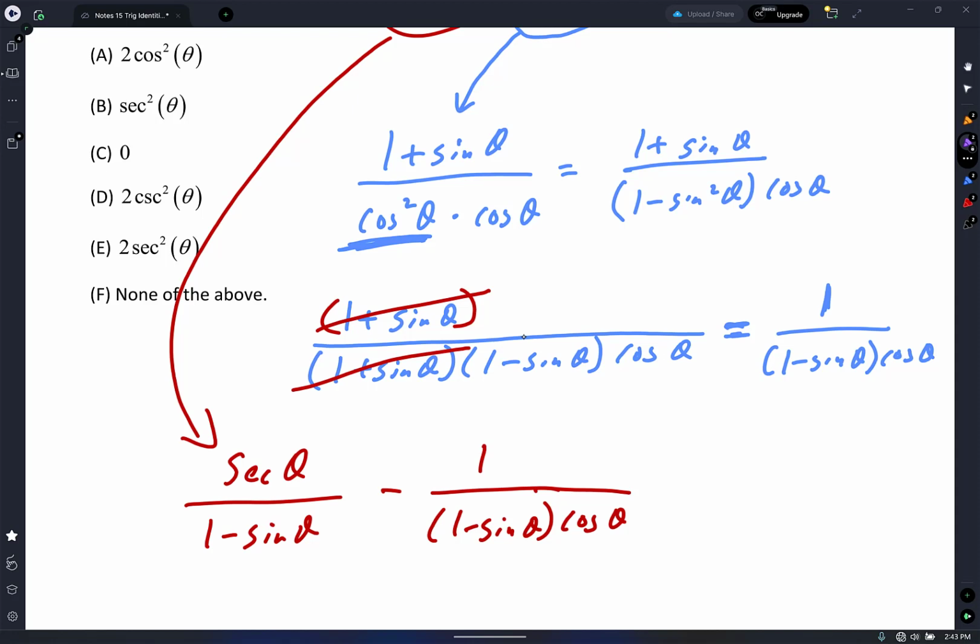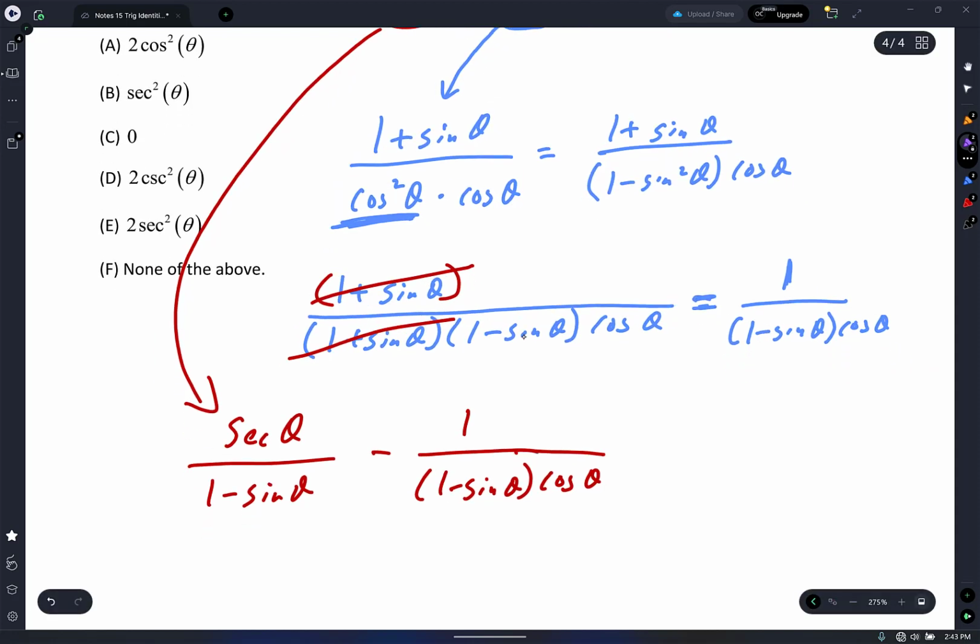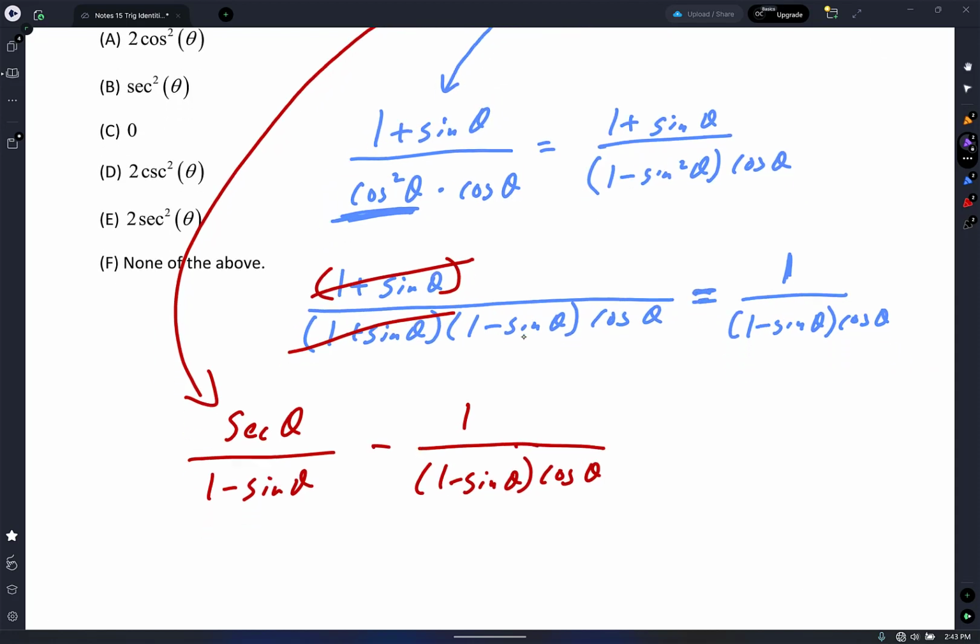Okay, here's what you ask yourself. Once you get to here, you say, okay, I'm going to subtract these. I already noticed that I have a 1 minus sine theta here, and this one has a 1 minus sine theta. The only thing that's missing on the left that doesn't look like the right is a what? Cosine theta.